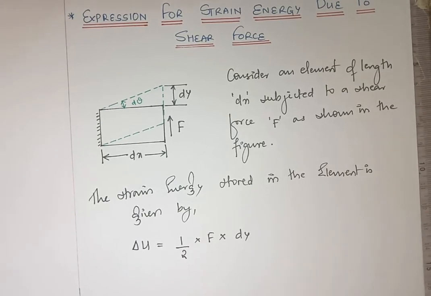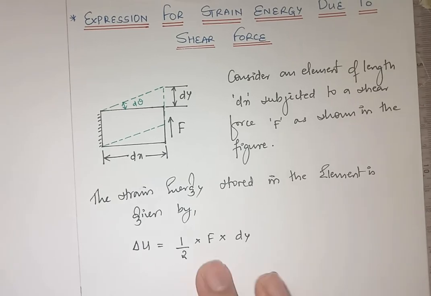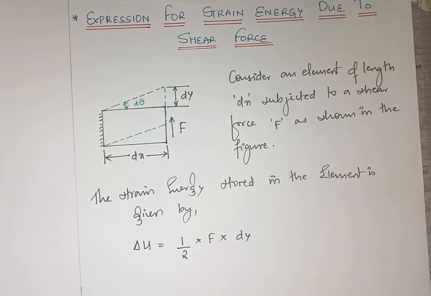Right. Now try to understand how I have taken this. We just correlate this with the previous thing what I have derived for expression for strain energy for axial loaded member. So in that derivation, I have showed you how u is equal to 1 by 2 into deformation into force, right?